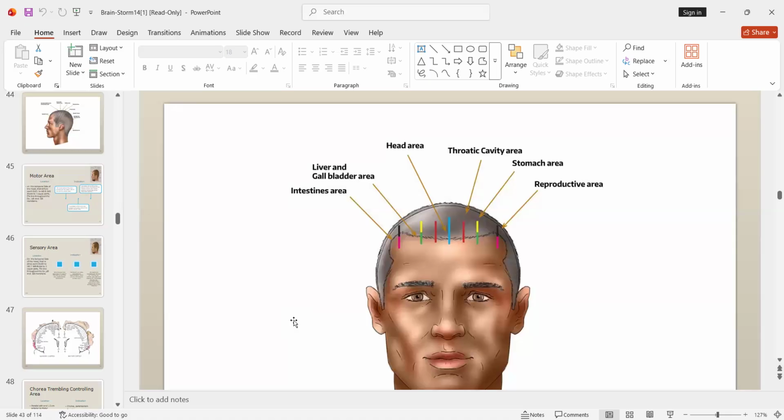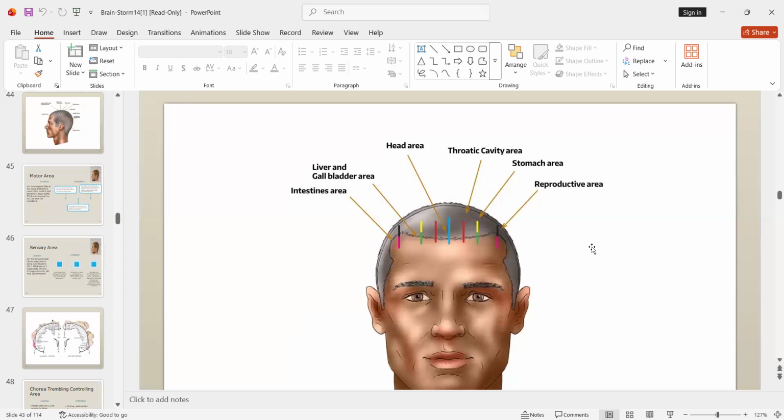Then the next area is the intestine area. You see it in purple color, in the corner beneath the toward the eyes. This area is a 2 centimeter long line.